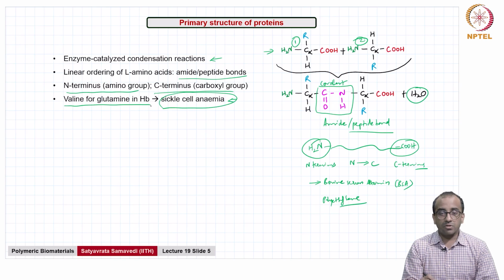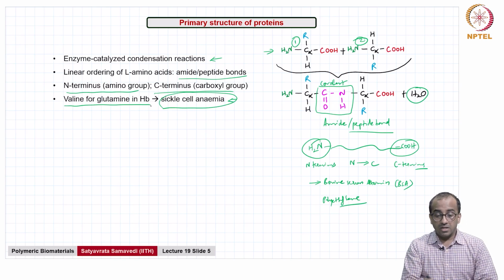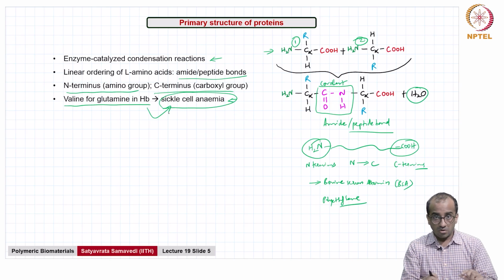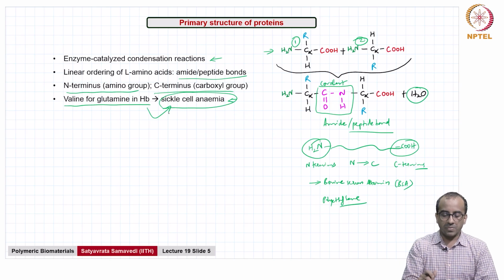So, valine for glutamine in hemoglobin, that substitution leads to this condition called sickle cell anemia. So, just that one amino acid substitution makes such a large difference, right. So, just to keep in mind that not just the amino acid type, but the ordering is also very important.